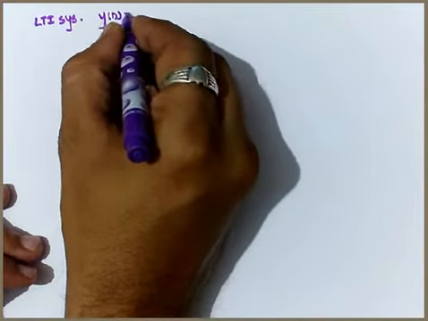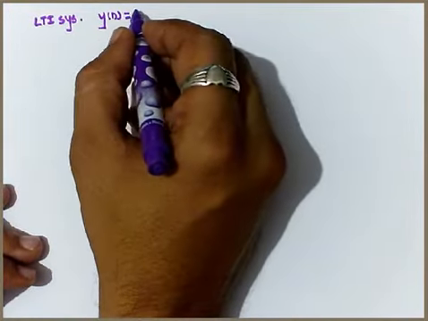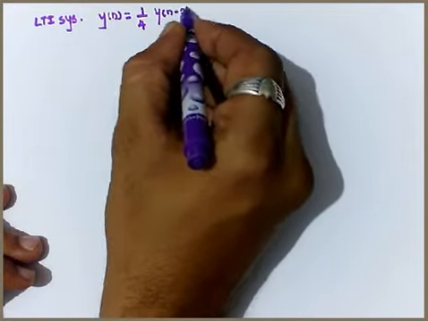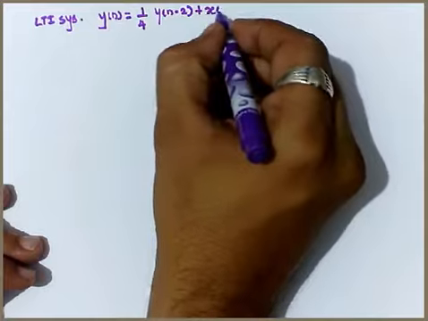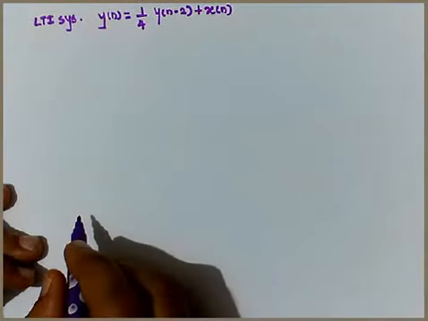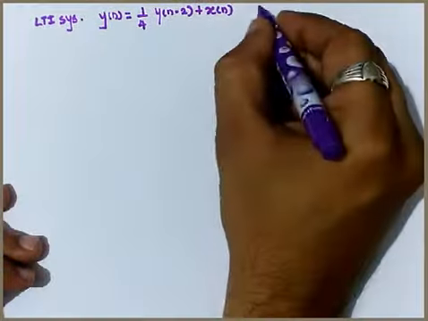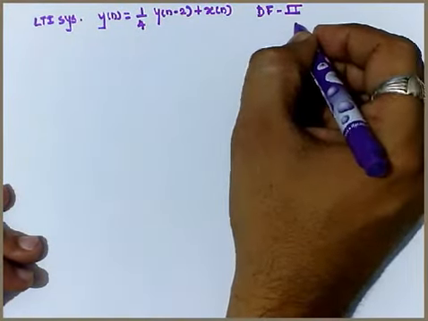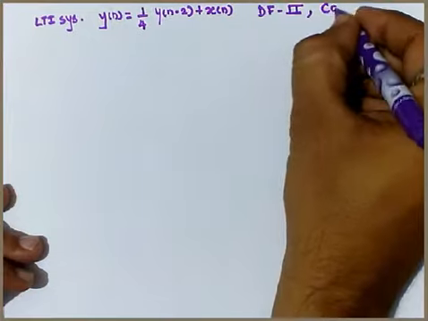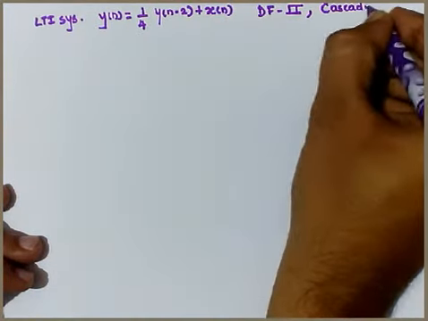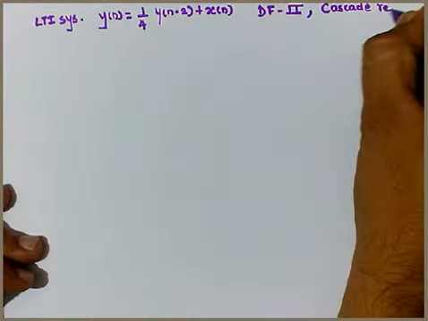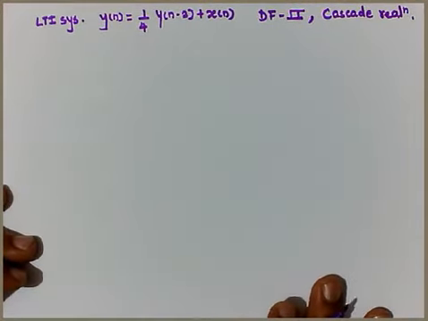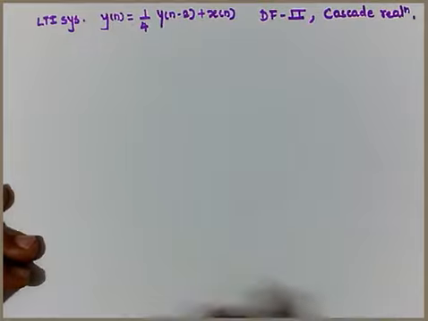This is the difference equation by which it is described: y of n is equal to 1 by 4 y of n minus 2 plus x of n. Determine direct form 2, as well as cascade realization of the system. Now we will see how to proceed for this example.